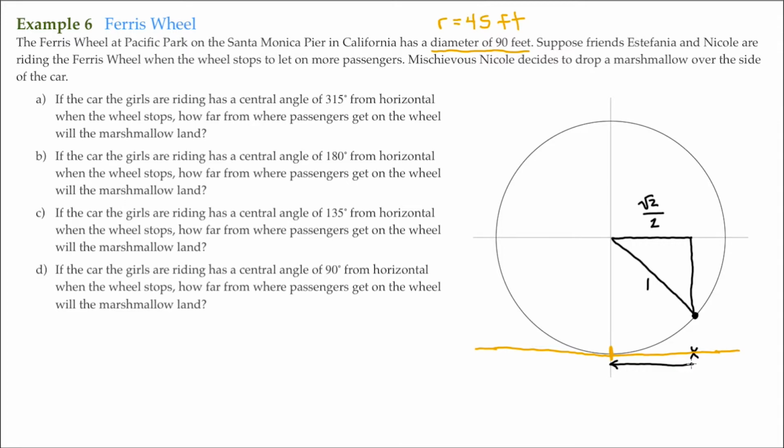So the distance from where the marshmallow lands to where the passengers get on, that's going to be 45 times the square root of 2 over 2. And of course, you can use your calculator. And if you plug that into your calculator, that winds up being approximately 31.82 feet. So that's the answer to A.